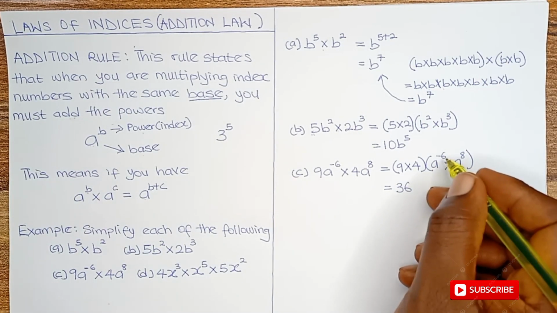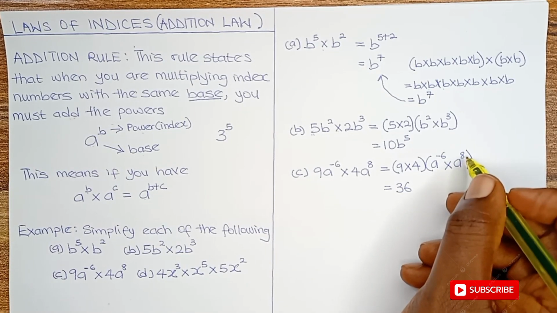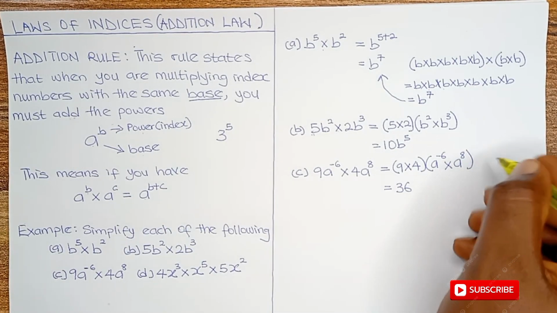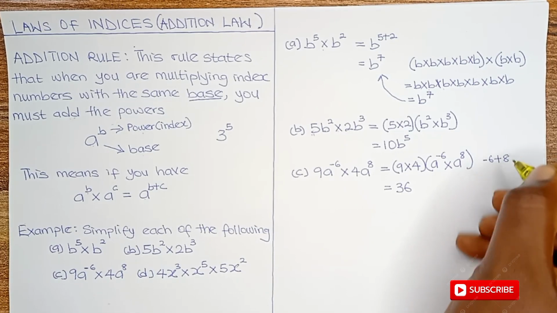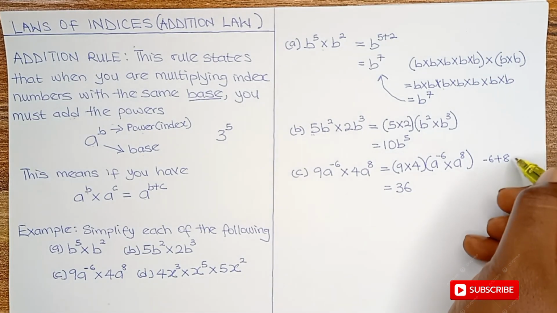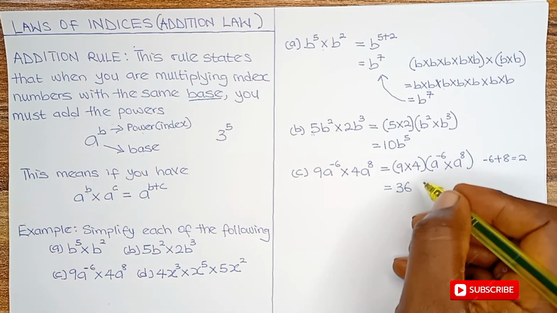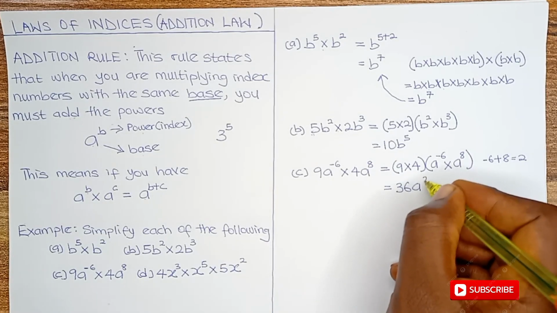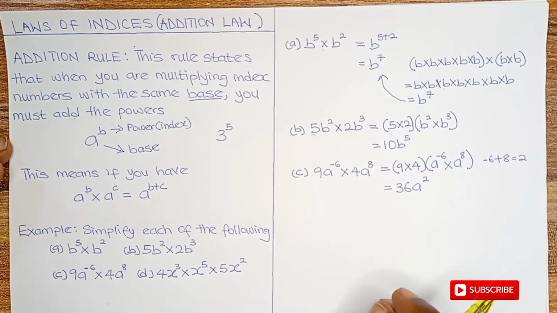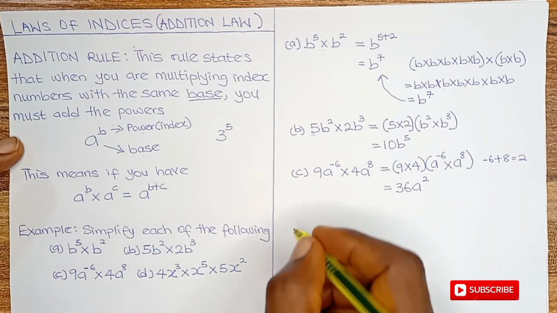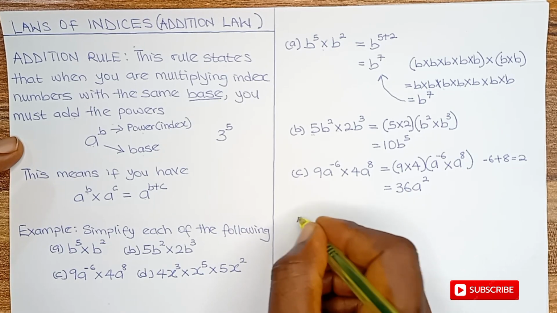Minus 6 plus 8 is going to give us 2. So we're going to have a to the power of 2. That becomes our answer.